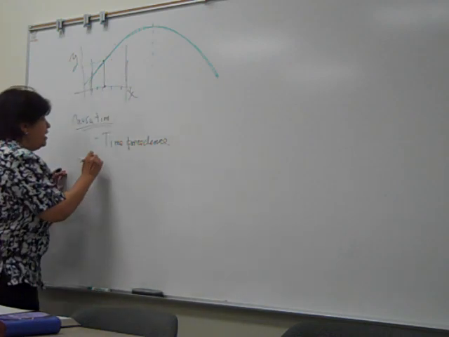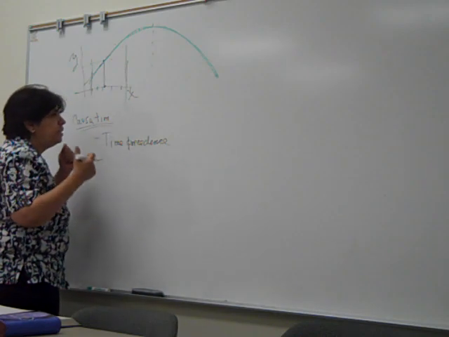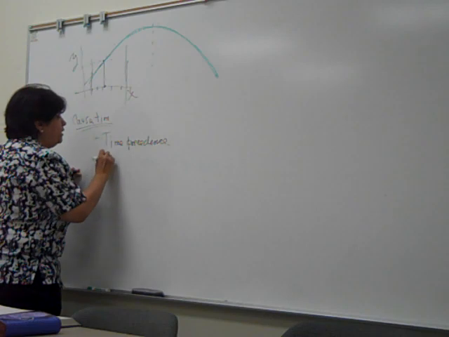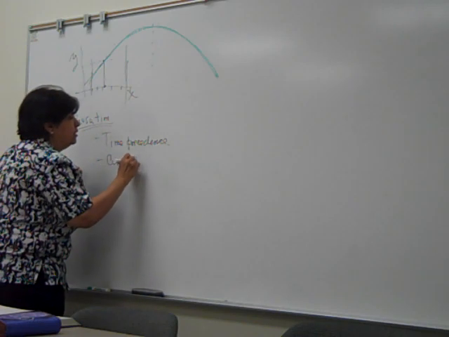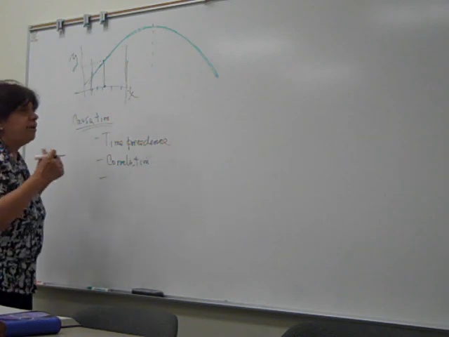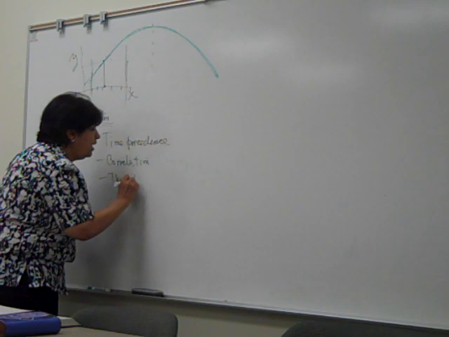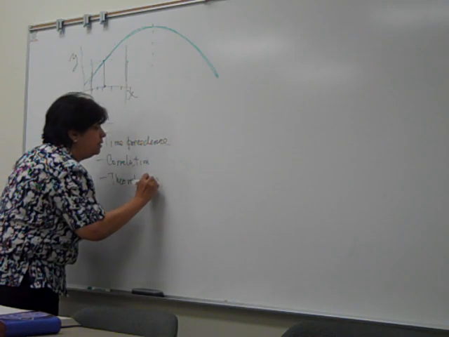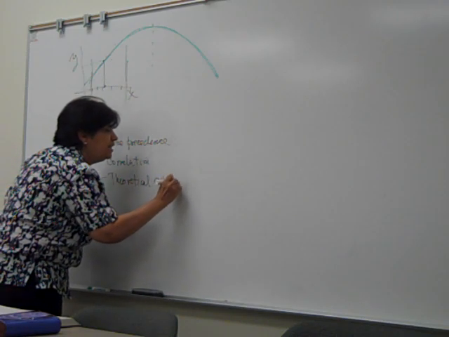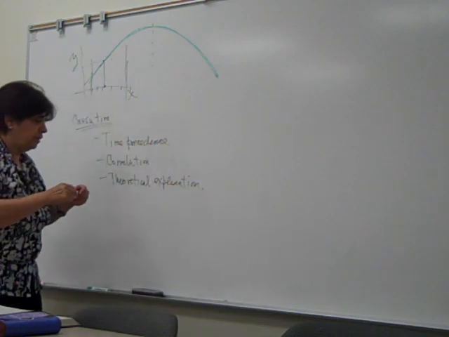That's one. The second requisite for causation is a high correlation. And the third one is very important. We have to have a theoretical explanation. Why is this so important?